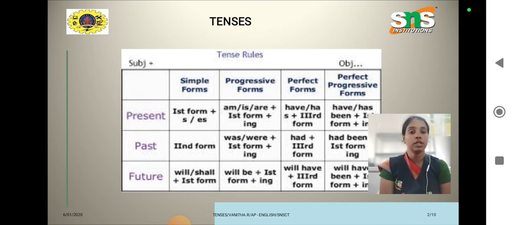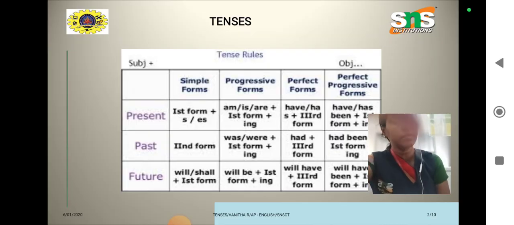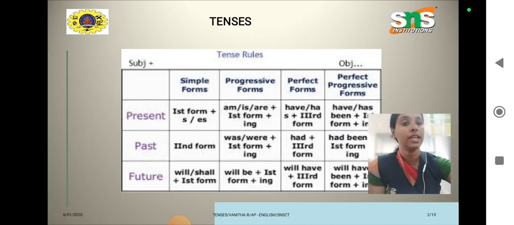In future tense we add will or shall with the first form. So, I will eat pizza tomorrow. So, the simple form of all these 3 tenses is very easy, and the rules are very few.